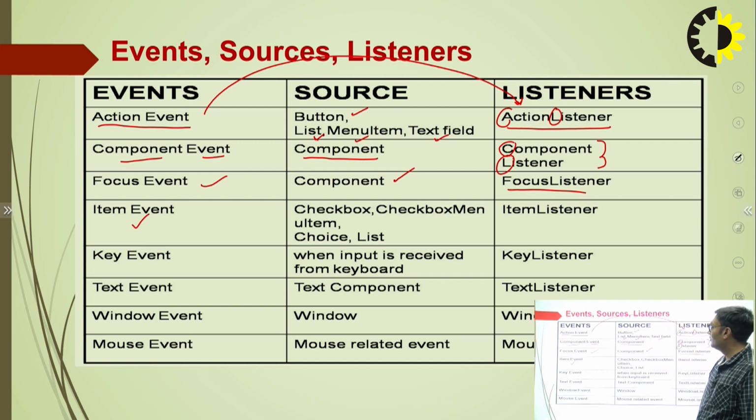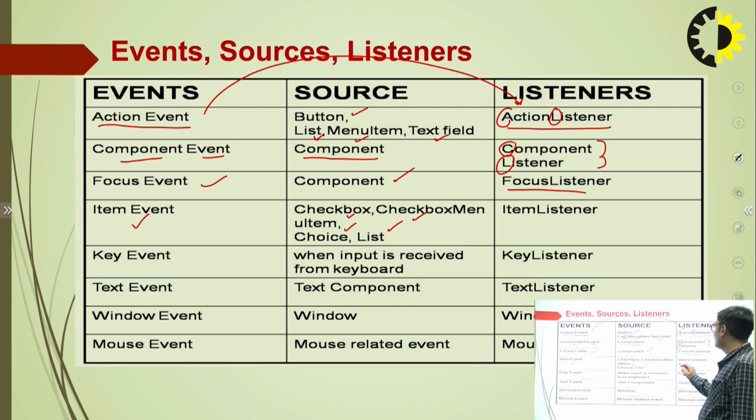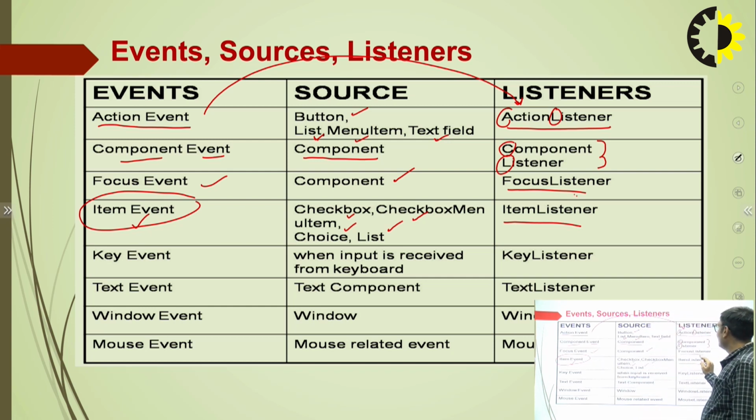Item event sources are checkbox, menu item, choices, list, and the listener corresponding to the item event is item listener. So as you can see, the type of event and the name of the listener are almost the same.